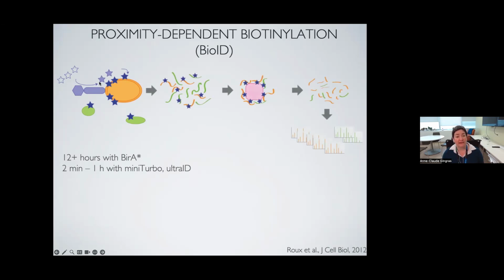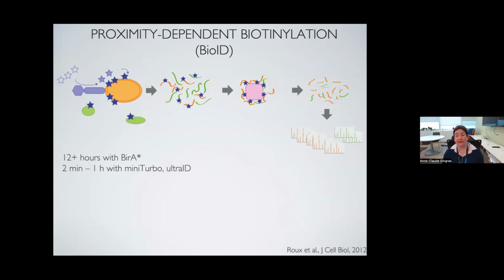But the basic idea is that once you have this labeling, you don't need to maintain interactions or organelles intact. In fact, you can lyse cells under very harsh conditions that are going to break down all of those organelles and protein complexes, and in fact partially denature the proteins. But the basic idea is you have now created this permanent mark, which is biotin, onto the proteins that were in the vicinity of the bait in the living cells.